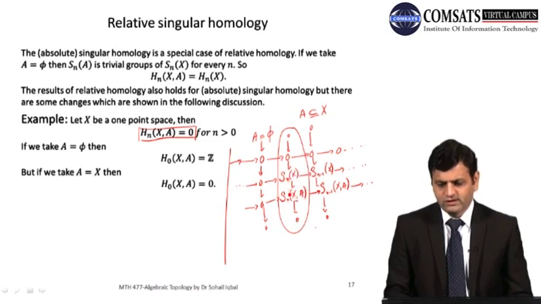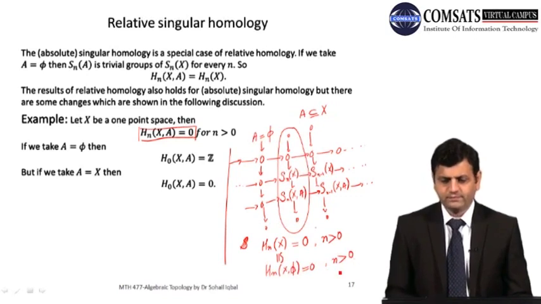So the relative homology is isomorphic to the absolute homology, and we know that for a point, H_n(X) is equal to 0 whenever n is greater than 0, and since this is isomorphic to the relative homology, this is also equal to 0 whenever n is greater than 0.